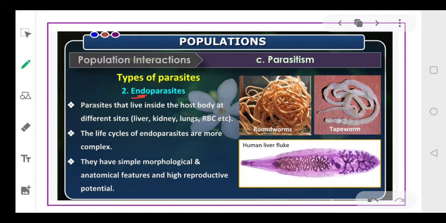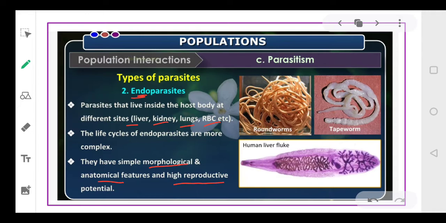Like they can be observed to be living in the liver, kidney, lungs, RBCs, etc. The life cycle of the endoparasites is a bit more complex in comparison to the ectoparasites, and they show certain morphological or anatomical features so that we can distinguish. They have certain modified features so that they can live inside the host, and they have a higher rate of multiplication. That means their number increases constantly and in a rapid way. Very fast their number will increase.